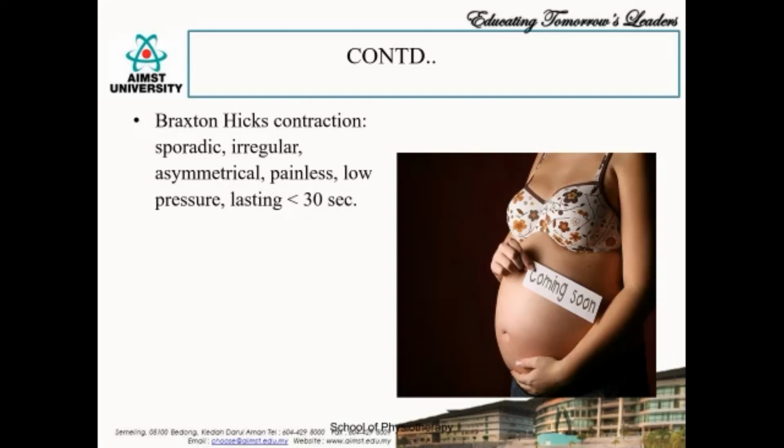So that is called Braxton Hicks. This is a false labor pain, and it lasts for less than 30 seconds. Normally it will be irregular. This can happen after 5 months, and you will be able to feel this Braxton Hicks.